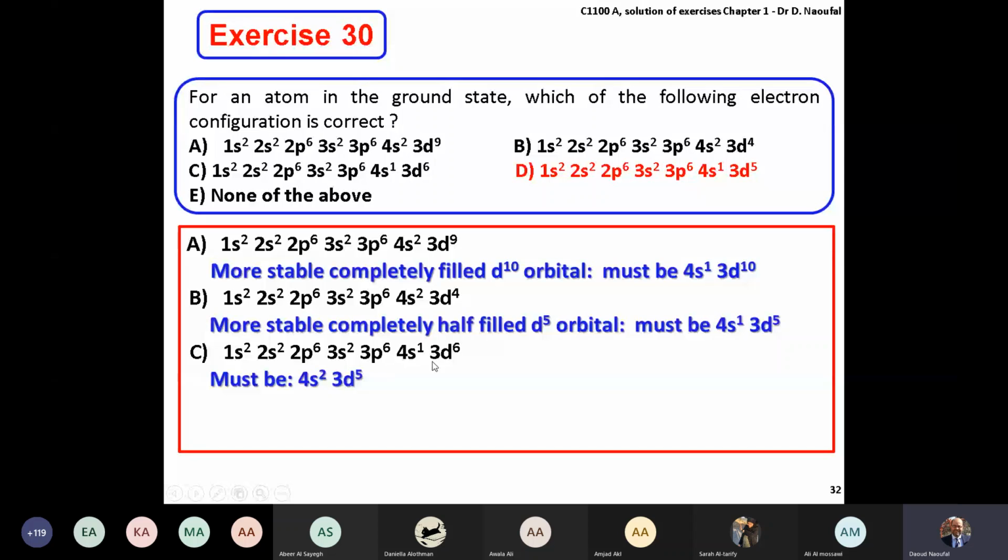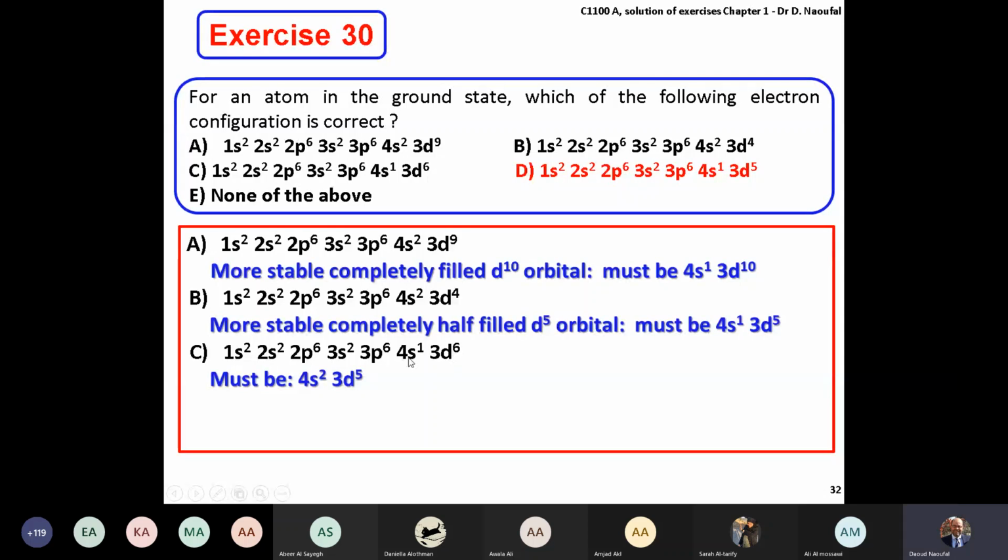This is the Aufbau rule in part C. So we have two completely different rules. We follow in A and B the rule that d10 is completely filled, more stable than d5, more stable than the others. In this case, I can say this is the electronic configuration at the excited state.